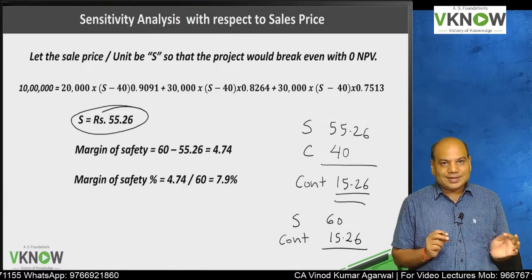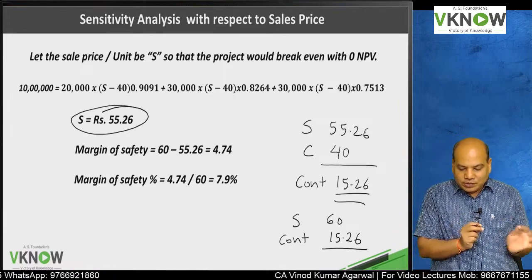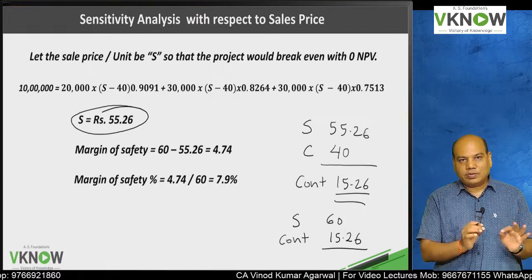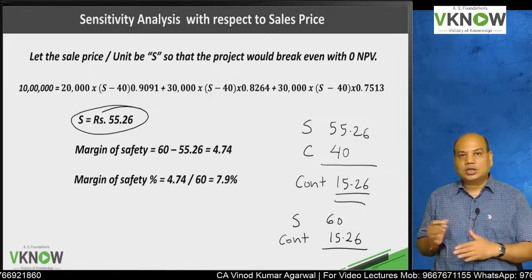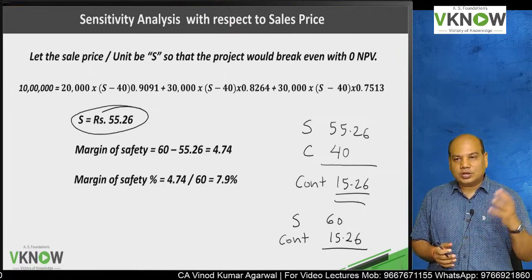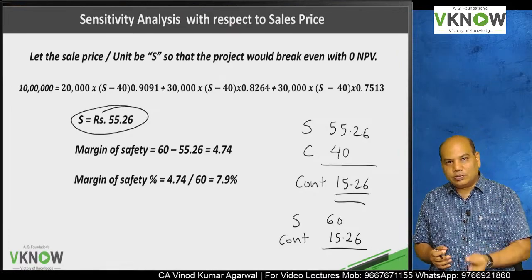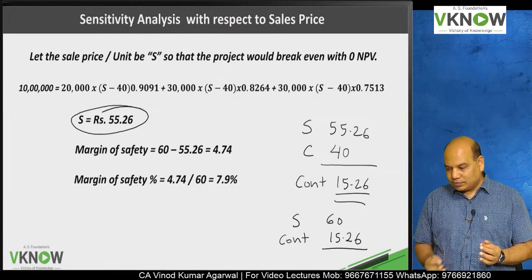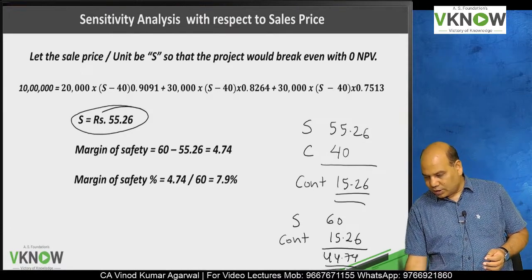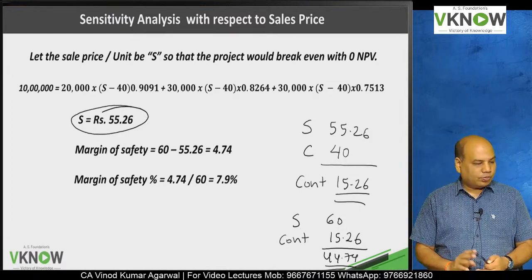If in the previous answer which is on the screen, my contribution required is 15.26, in the second answer also my contribution required will be 15.26. Selling price is 60, contribution required 15.26, therefore cost per unit required is 44.74.